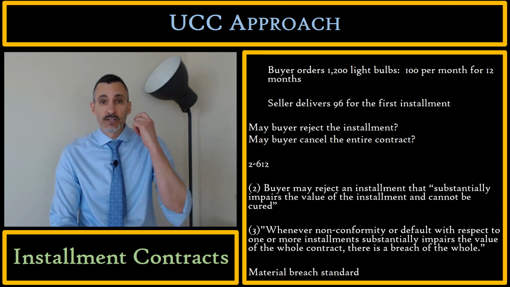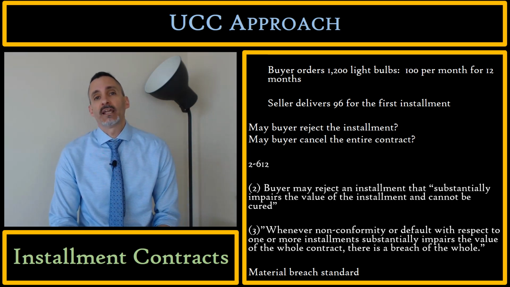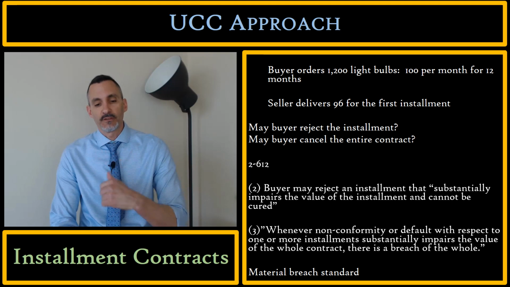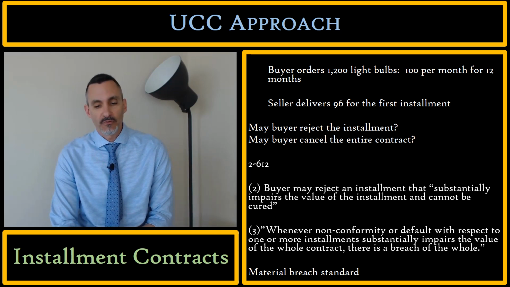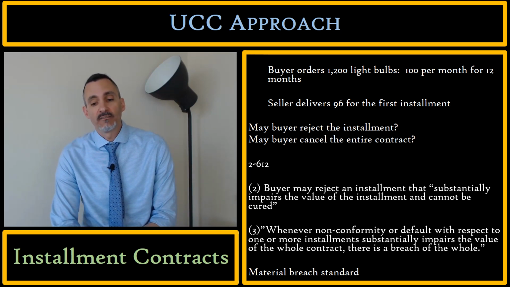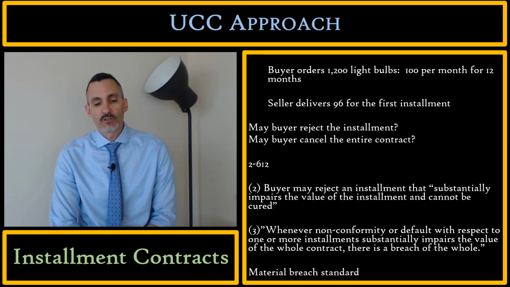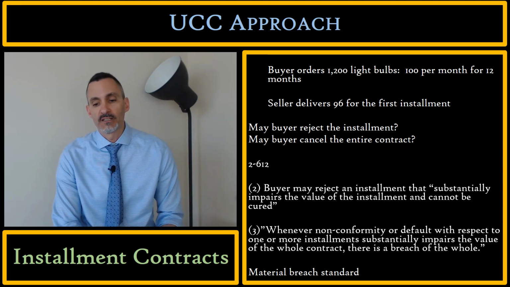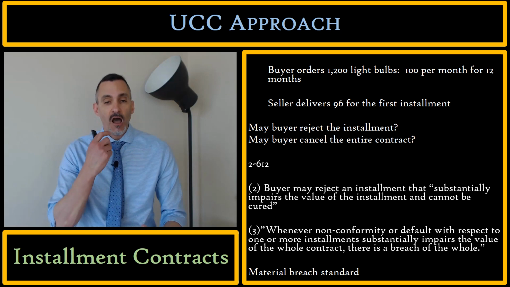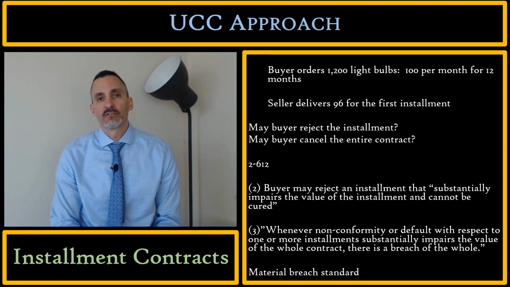The second question is, when can buyer cancel the entire contract? Well, if you look at 2-612 sub 3, it says whenever nonconformity or default with respect to one or more installments substantially impairs the value of the whole contract, there is a breach of the whole.